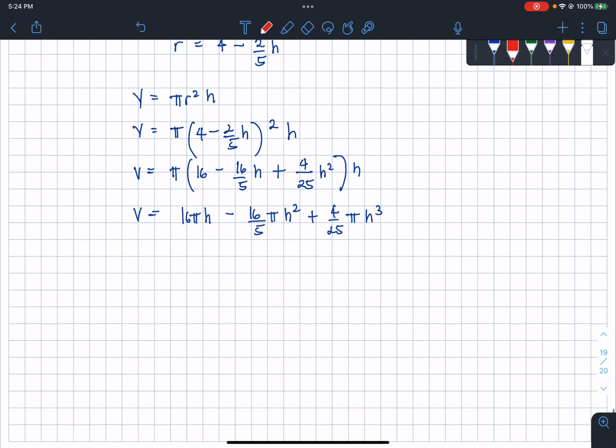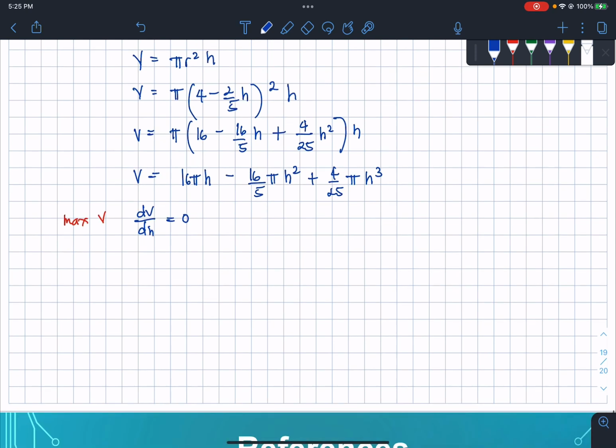And to maximize the volume, so we derive v with respect to h, and then that would be equal to 0. So dv over dh then is equals to, so the derivative of 16 pi h is just 16 pi. Then minus, so h squared naman, so that's just 2, no?